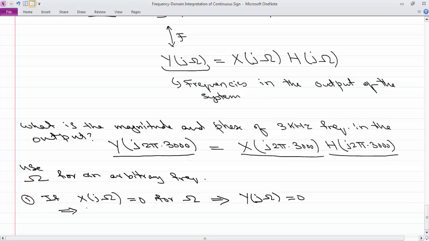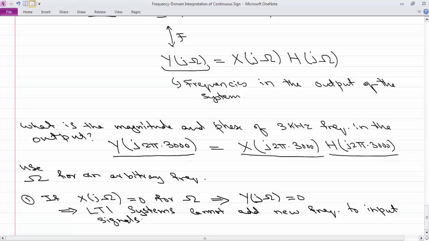This means that LTI systems cannot add new frequencies to input signals. If an input signal had no frequency present, an LTI system cannot add that frequency into the output signal.